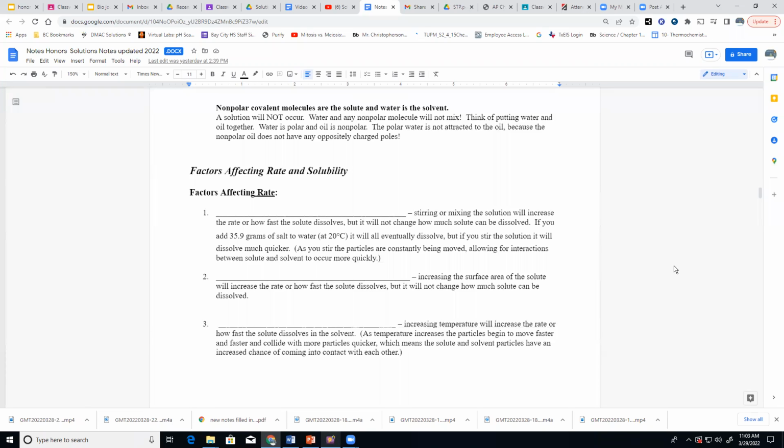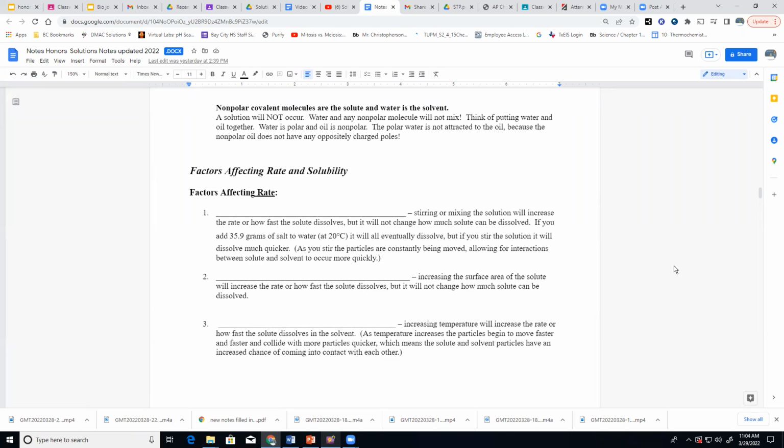That is if you have a non-polar covalent molecule. That's going to be a lot of your organic molecules. Does anybody remember what organic means? Contains carbon. So a lot of those are non-polar, so a lot of times they don't dissolve in water.